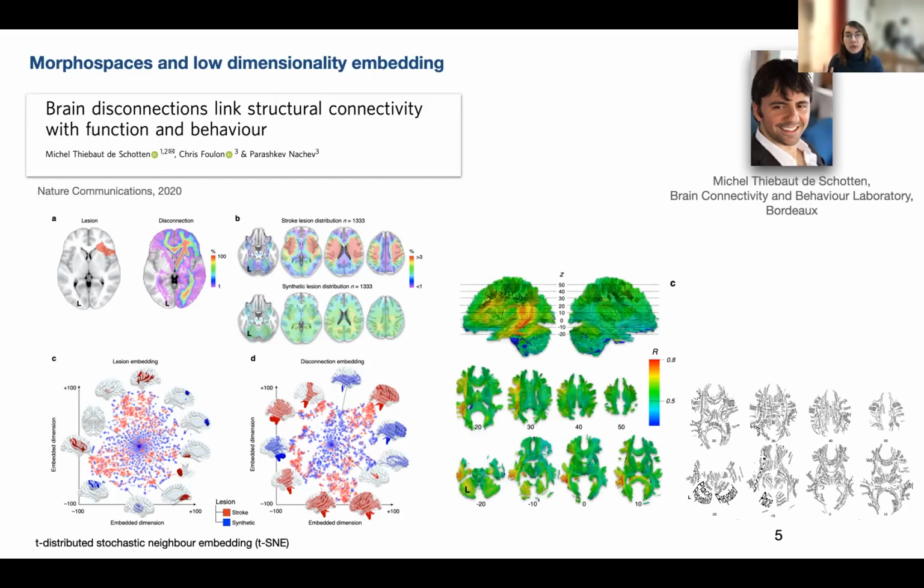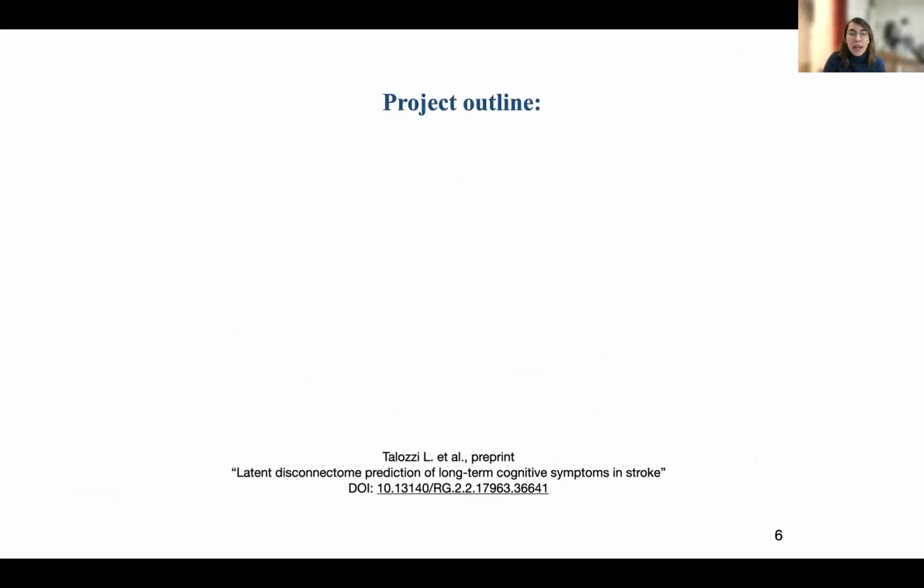And using this information in this article, they then correlate the different disconnections with functional activations to create an atlas of function and behavior related to the white matter disconnections. And we are following this path in the project that I'm going to show you.